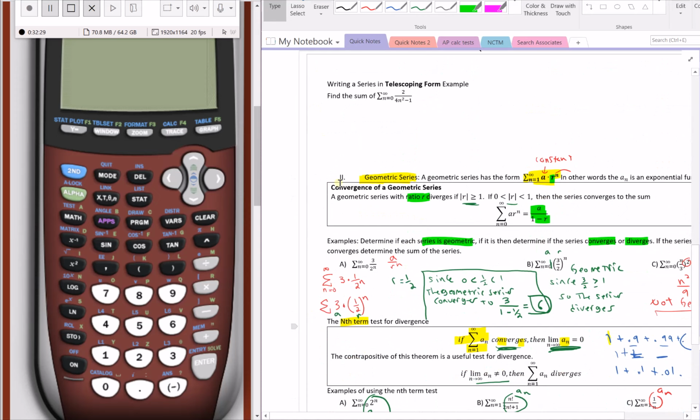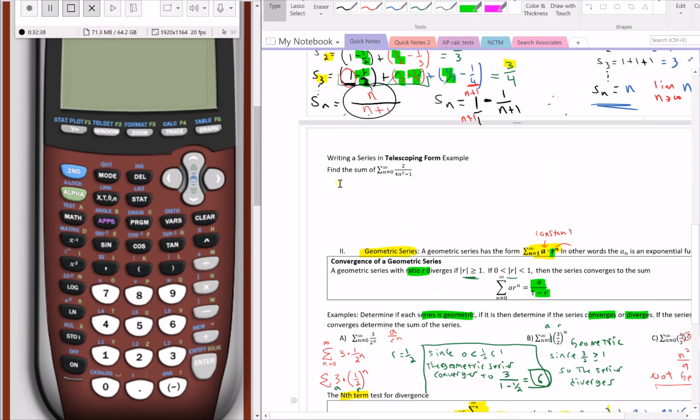So telescoping form, what we need to do here is rewrite this in a way that we can see that it's telescoping. And what that was, if you remember up here, is that some of these terms on the inside, one will be positive, one will be negative, and they'll cancel out. We want to be able to see that when we do this. So what we need to do is actually rewrite this as 2 over, this is a difference of squares, so it's really 2n plus 1 and 2n minus 1.